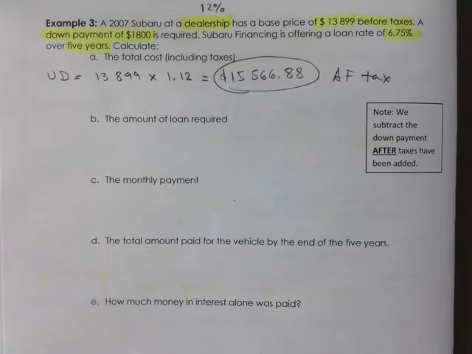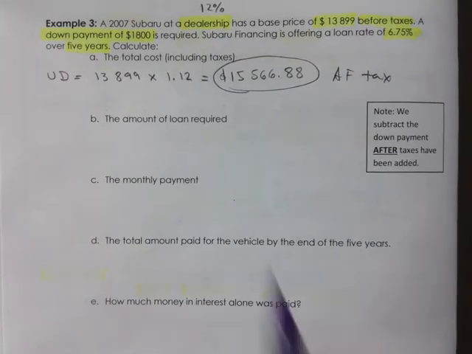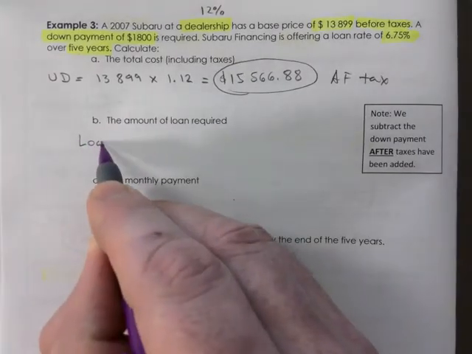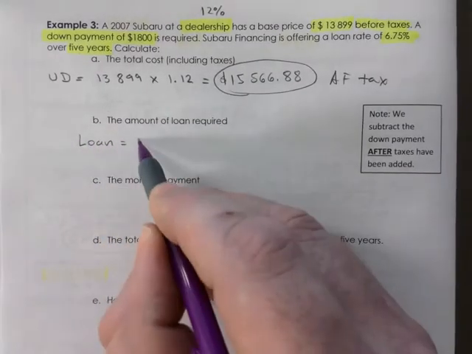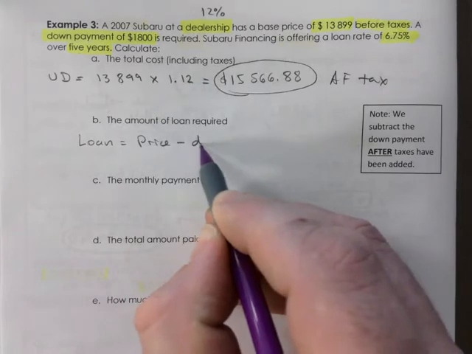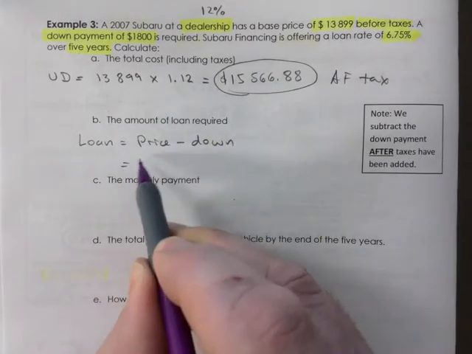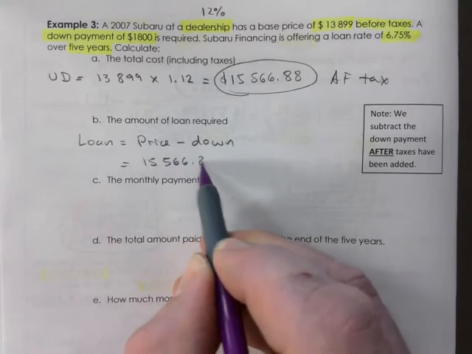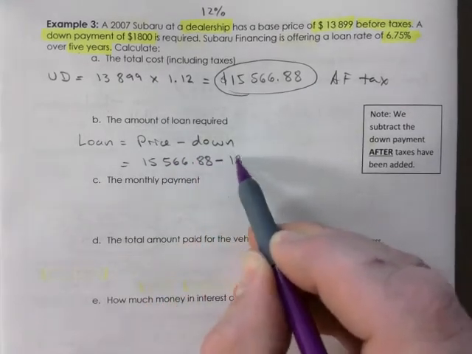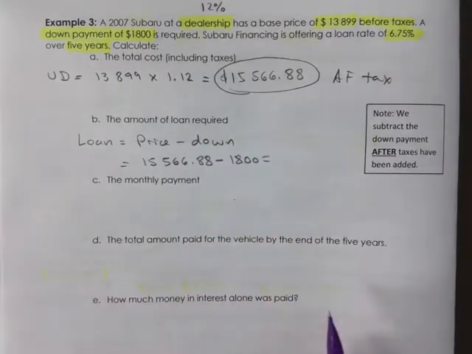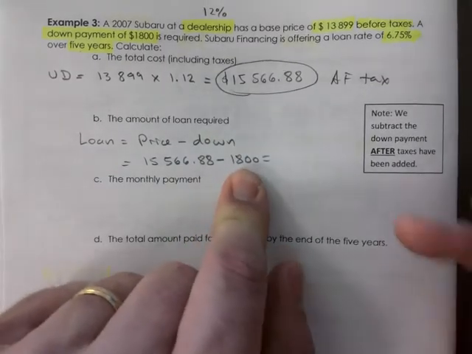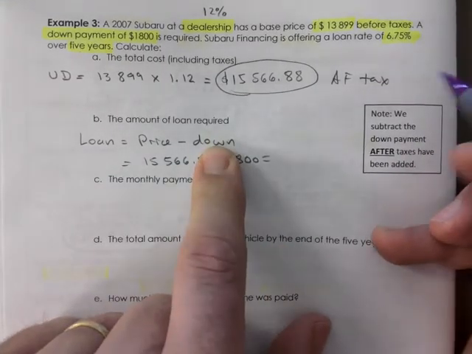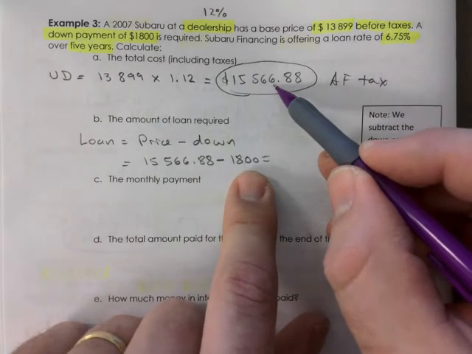B is asking the loan required. Loan, right, is the price minus the down. So it's 15,566.88 minus a down payment. And if you go back in my notes, I will always tell you that the down payment is always subtracted after taxes have been applied.